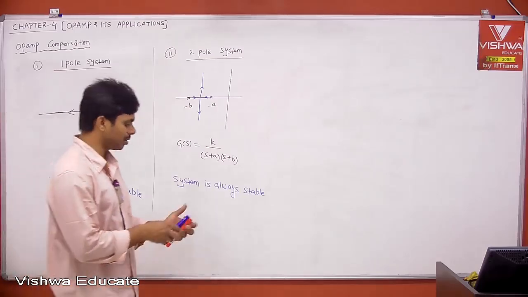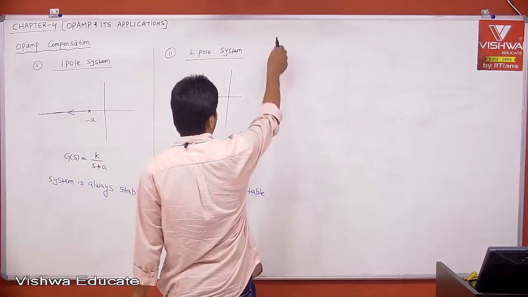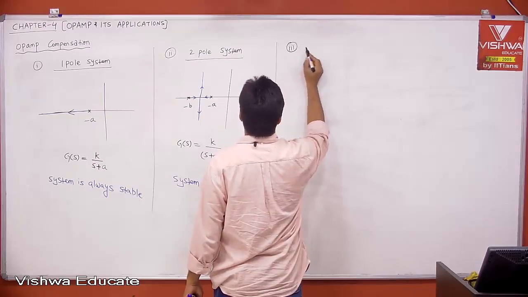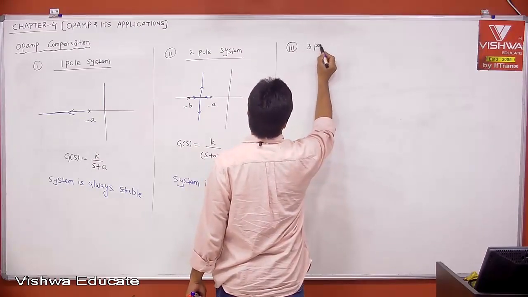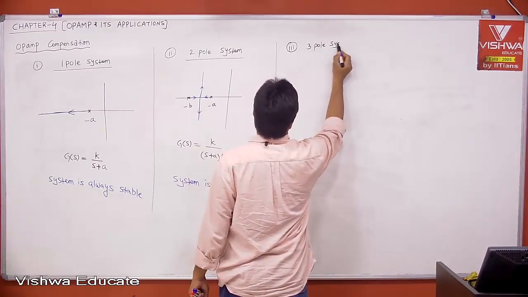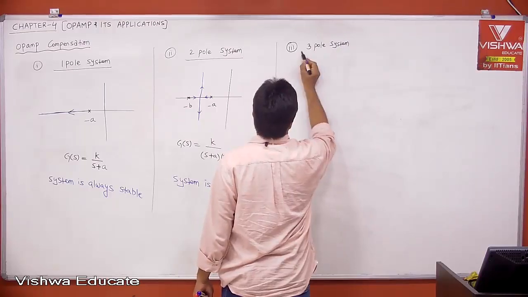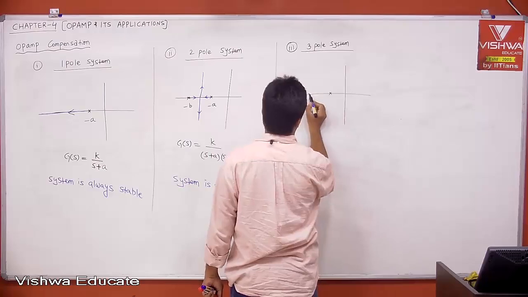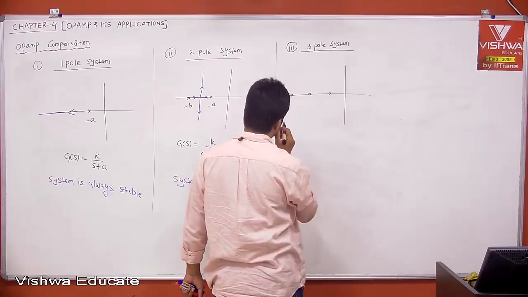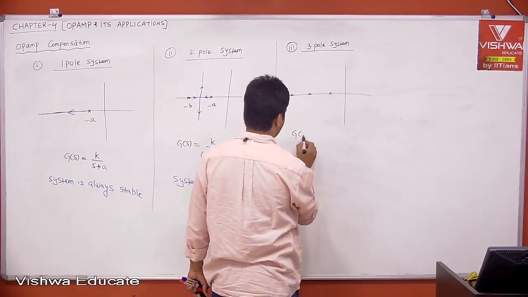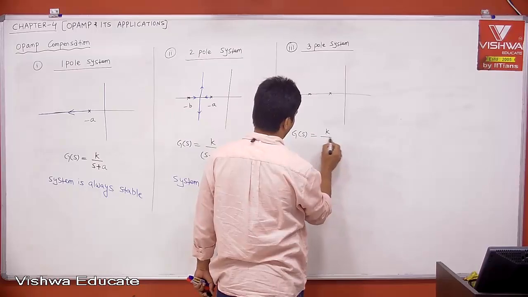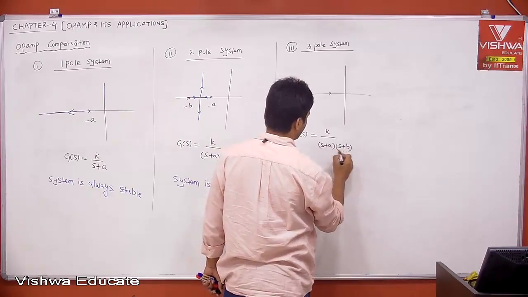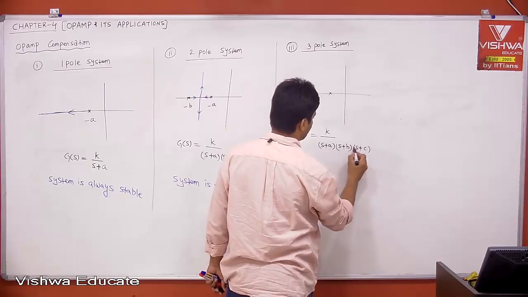Now let us consider the three pole system. If you consider three poles, let us say G of S is equal to K by (S plus A)(S plus B)(S plus C).